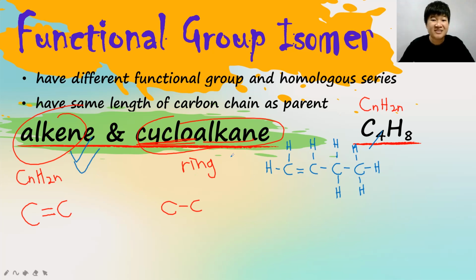How about cycloalkane? Cycloalkane means a carbon-carbon single bond ring. So 4 carbon ring should look something like this. Your skeletal. 4 carbon over here, that is your carbon 1, carbon 2, carbon 3, carbon 4. And it's a skeletal structure over here. If you didn't put in the hydrogen, this is also correct.